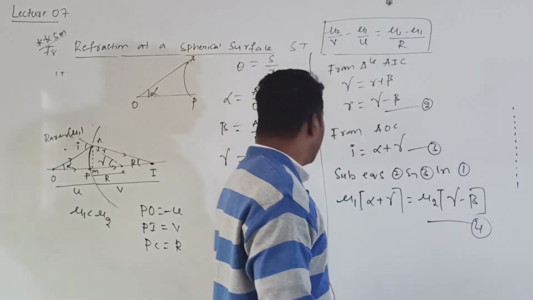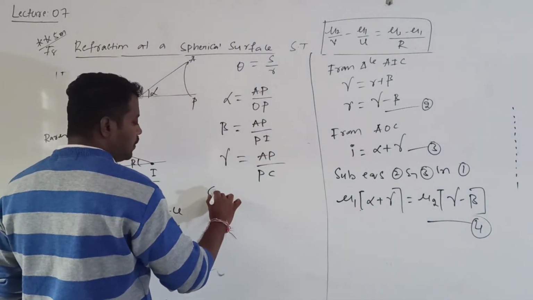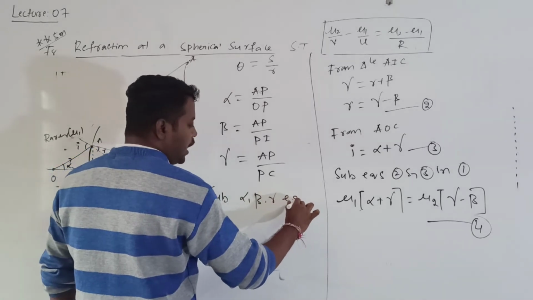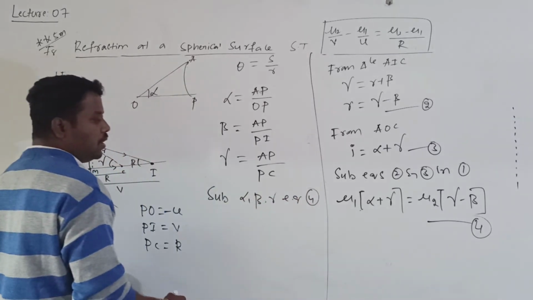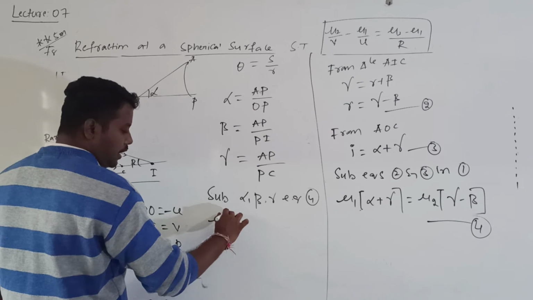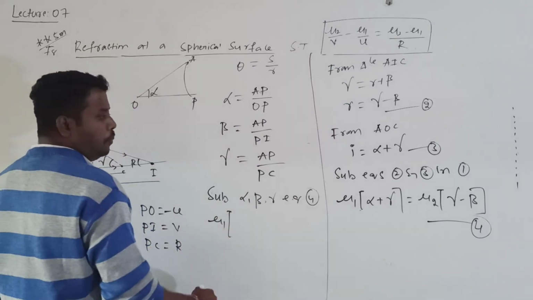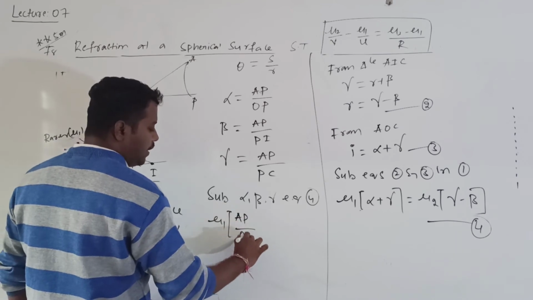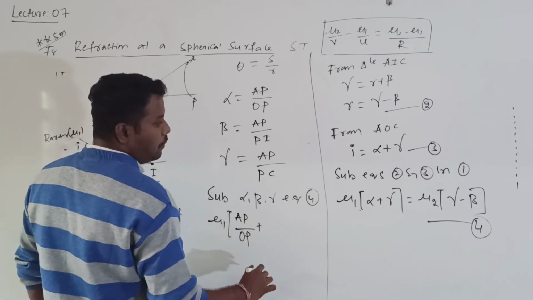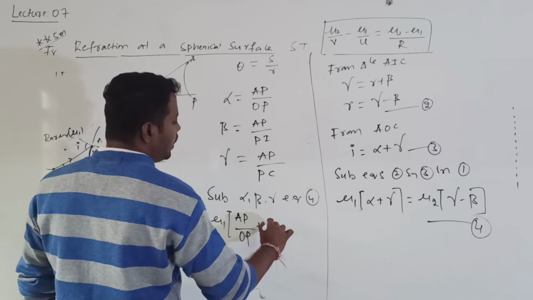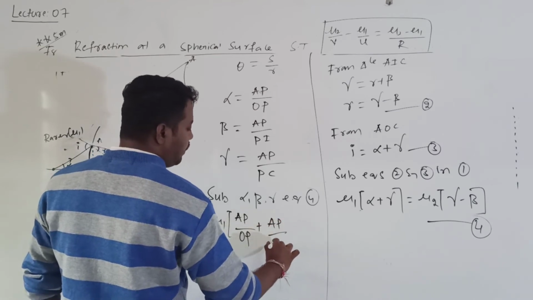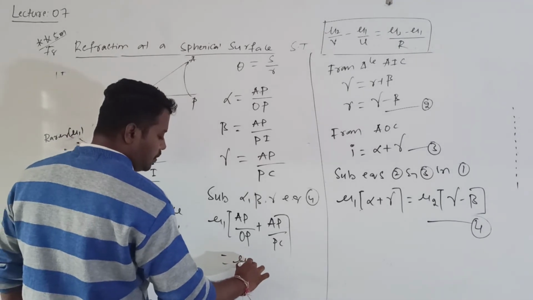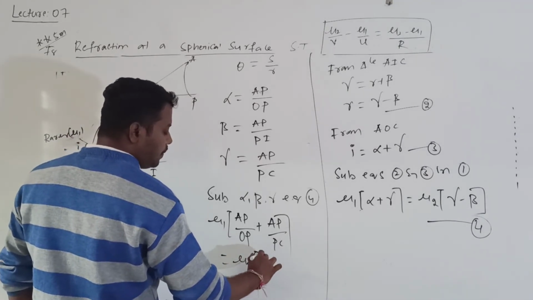Substitute alpha, beta, gamma in equation 4. So tell me what I will get? Mu1 into alpha value, given by AP by OP, plus gamma value AP divided by PC, will be equal to mu2 into what is the value of gamma?